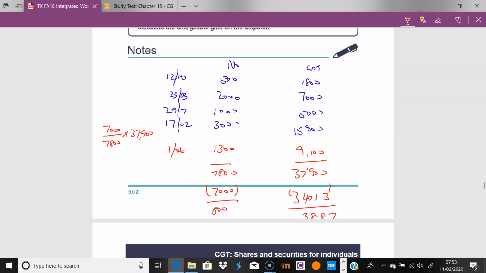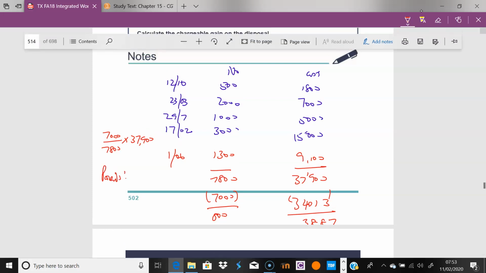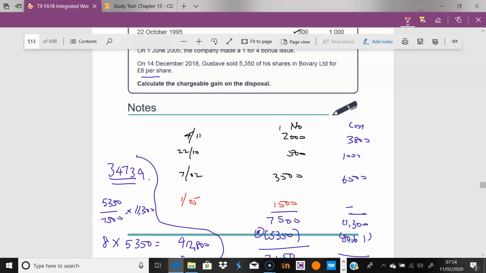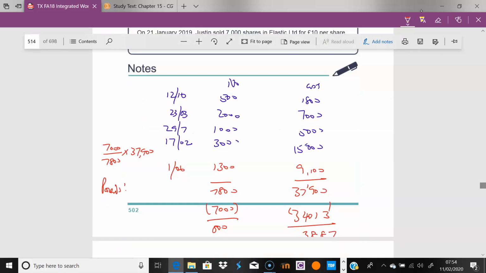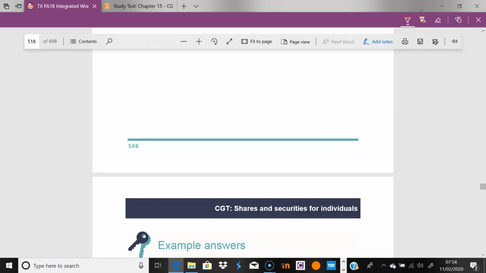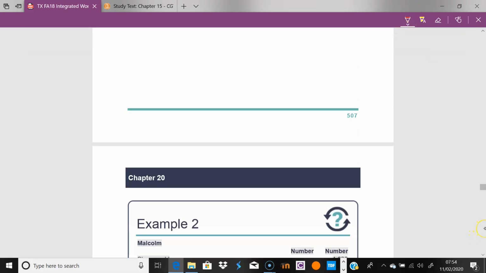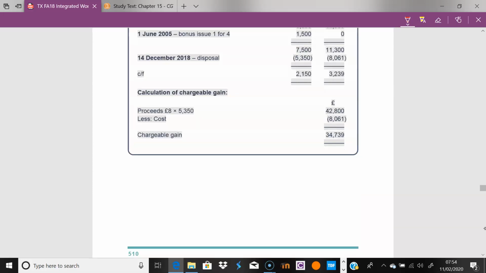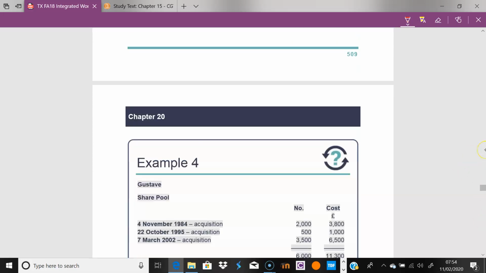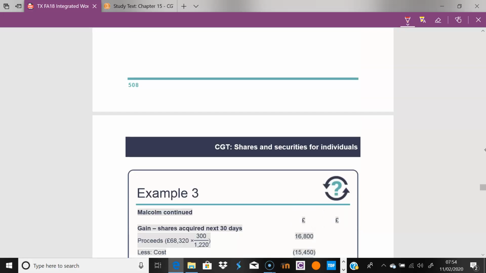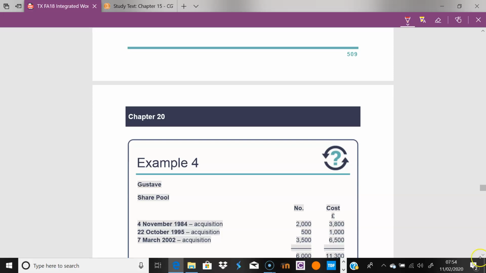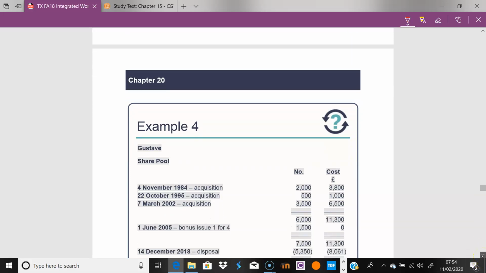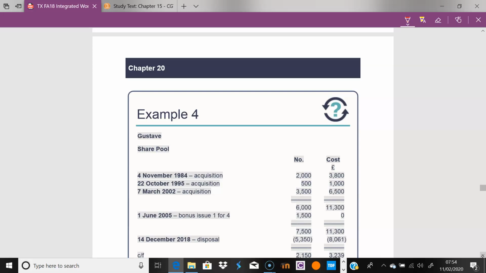And so now I can deal with what I sold my 7,000 for. Proceeds of 7,000. This thing is so temperamental. Let me check the answers and look at this.